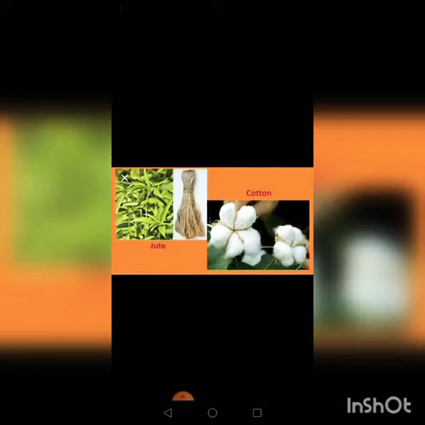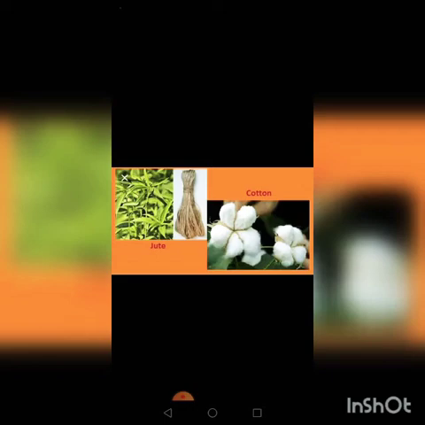You know what is fiber? Cotton, the white flower kind of a thing in the picture that you see, is cotton. And this side you can see jute. Jute is the material that we use to make bags, and colorful bags. Jute is also used to make sacks for storing rice and other grains.